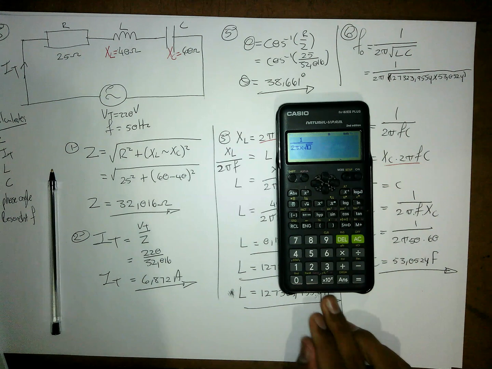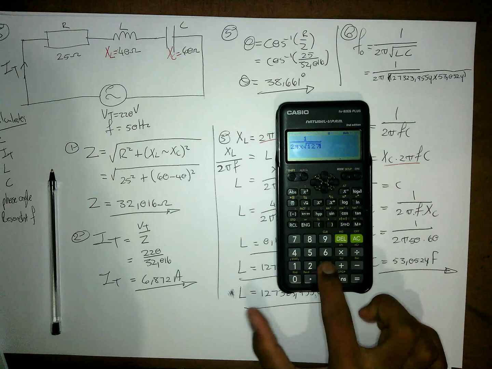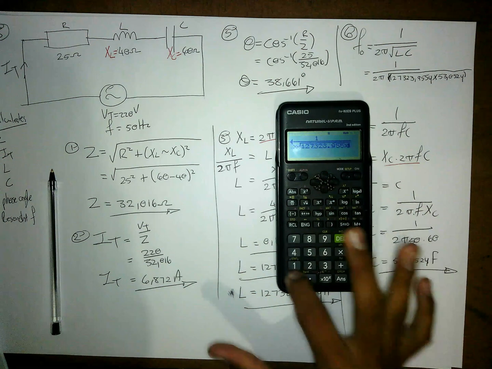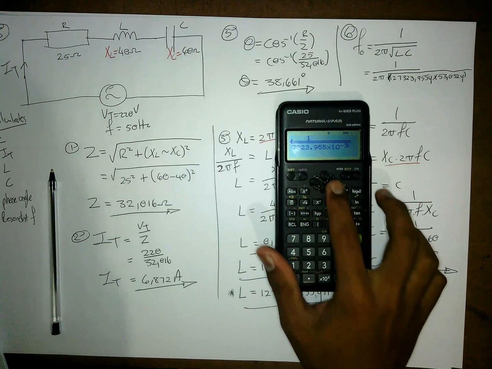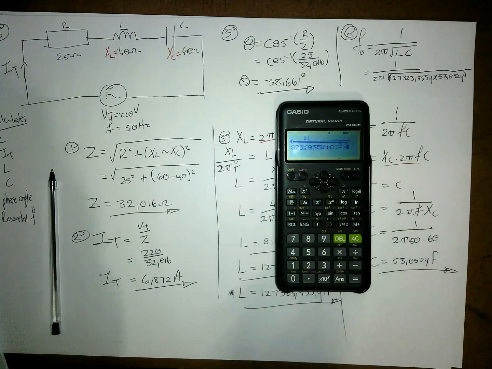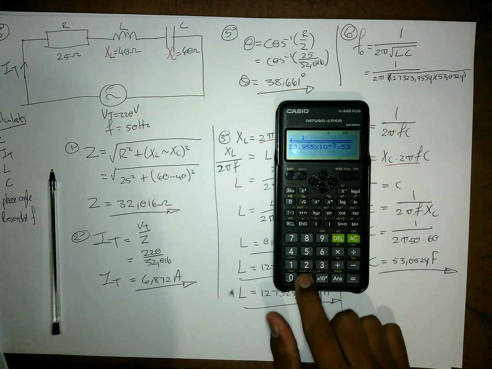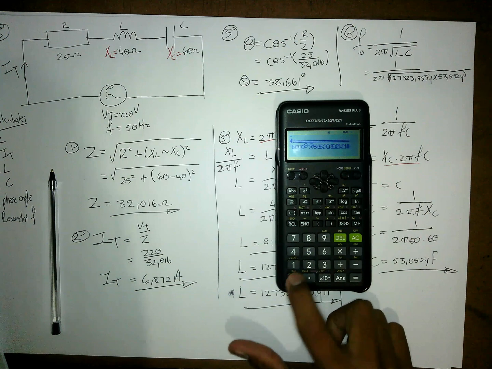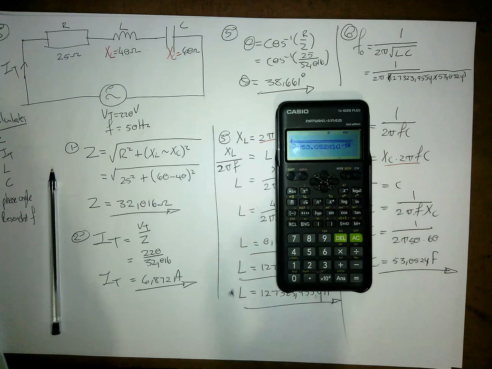So my inductance is 127.323955 times 10 to the power minus 3, times my capacitance, which is 53.052 times 10 to the power negative 6.